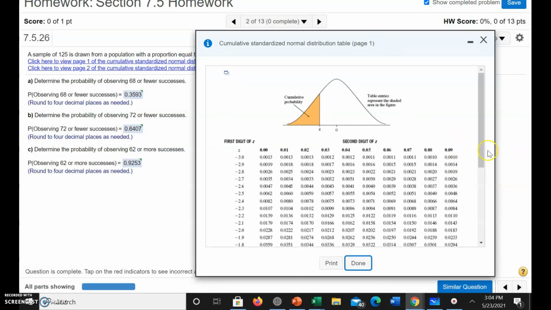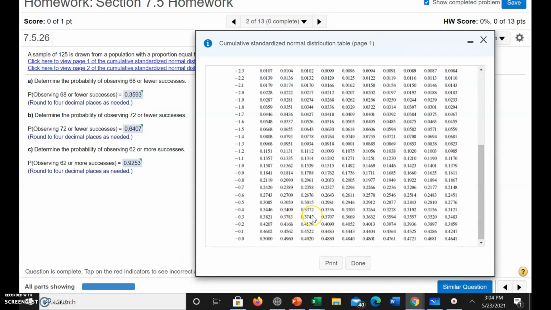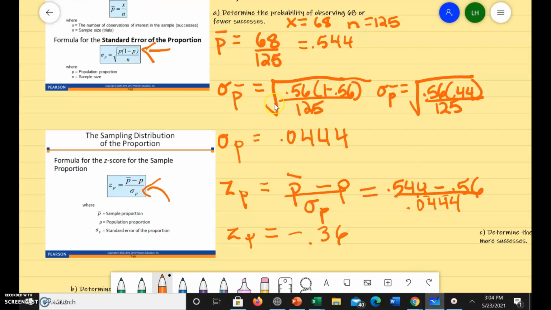Negative 0.36 would be 0, 1, 2, 3, 4, 5, 6 would be 0.3594. Okay? Now, what would you do here for 72 or fewer? You would do the same thing that you just did, but your proportion is going to be 72 divided by 125. So this number up here would change, which would change everything else.